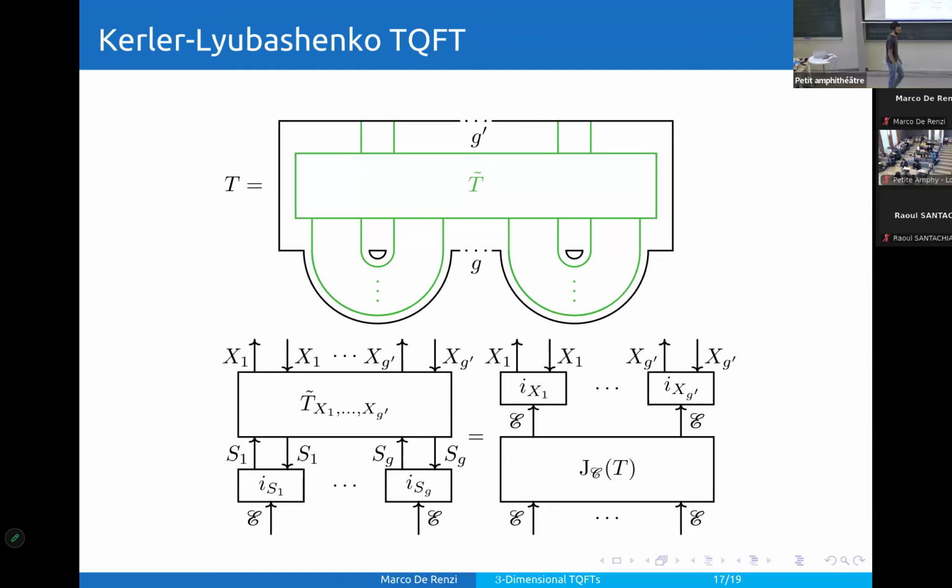Yes. Could one extend this to also include additional tangles which are colored in the category C? So it's like a mix of this functor with the... Absolutely.